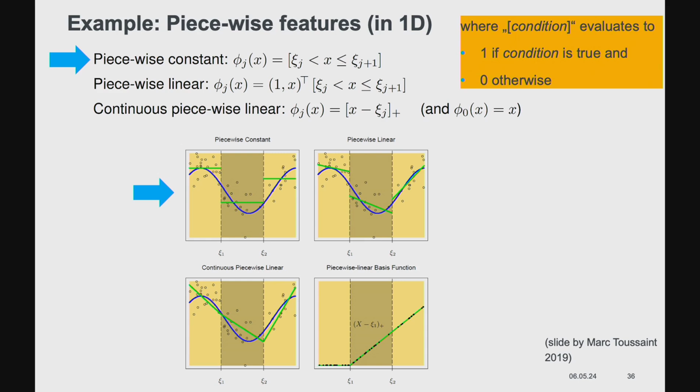And so for these observations, these dots, given by this blue underlying function, I learn a piecewise constant approximation expressed in these kinds of conditions.